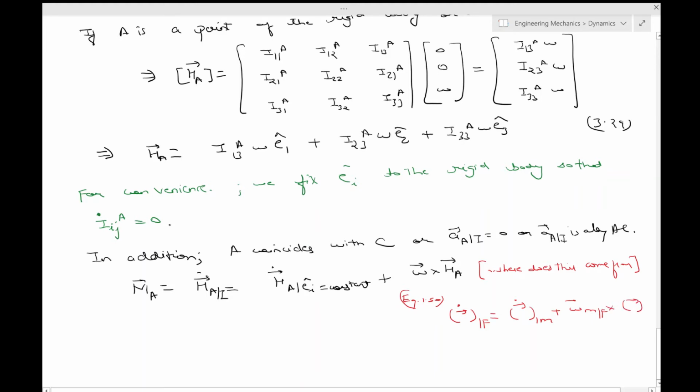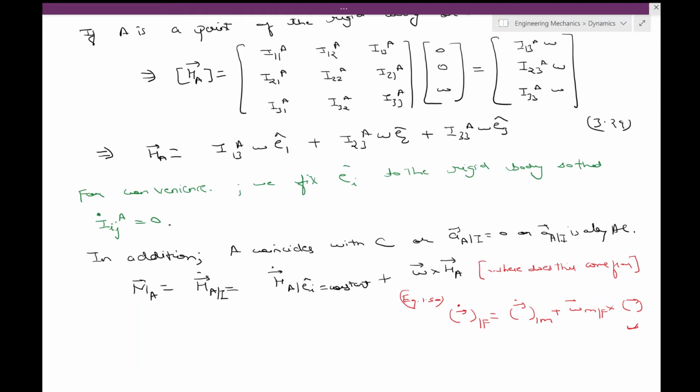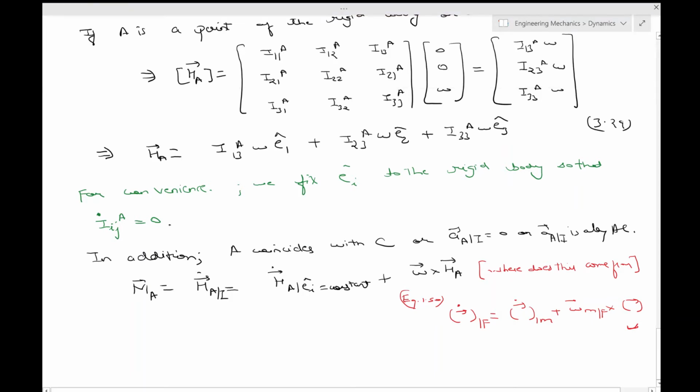Over here the M frame is the rotating body, and that's how we are able to write it. Please go back and check and really understand, just the equations themselves will not be enough. You have to understand it well enough, otherwise it will sound very confusing every time we use this.